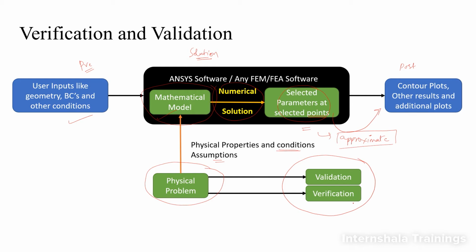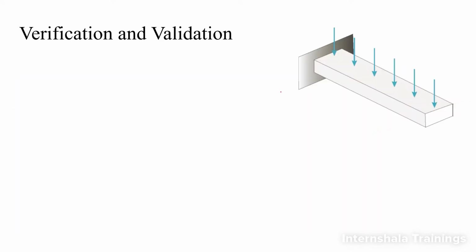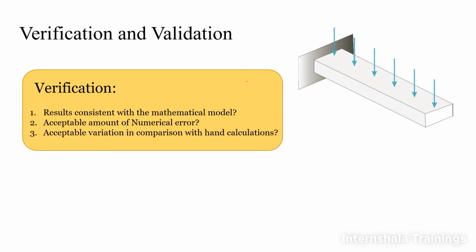If we perform these two things on the results obtained from the FEA software, we can confidently say the results are acceptable. Now we are going to see the steps involved in the verification phase and the validation phase. First, we look at the verification stage.